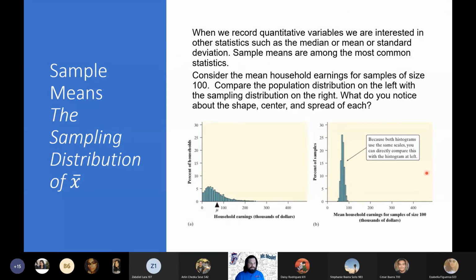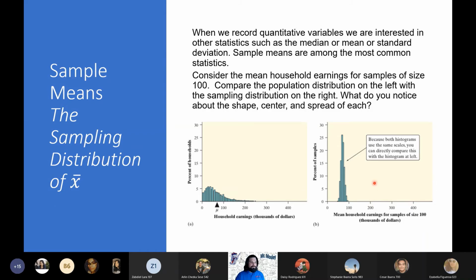The sampling distribution, samples of size 100, the mean is about the same place as it is over here. However, now this is approximately normal and much less varied. But it's kind of interesting that the mean between both of these is about the same place, which should indicate that we have an unbiased statistic.